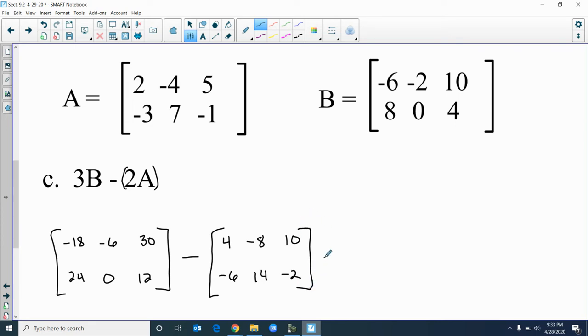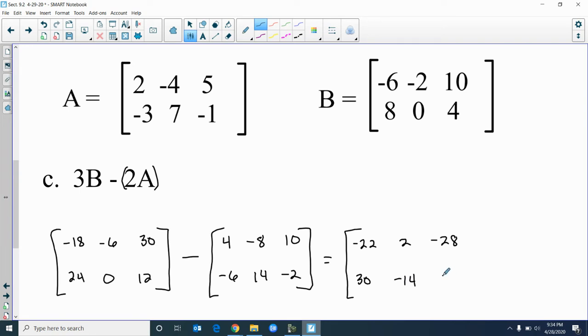Now you subtract. Negative 18 minus 4. Negative 22. Negative 6 minus negative 8, which becomes a plus. Positive 2. Negative 18 minus 10 is negative 28. 24 plus 6 is 30. 0 minus 14 is negative 14.